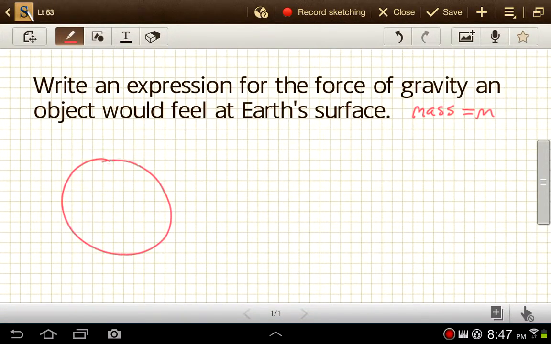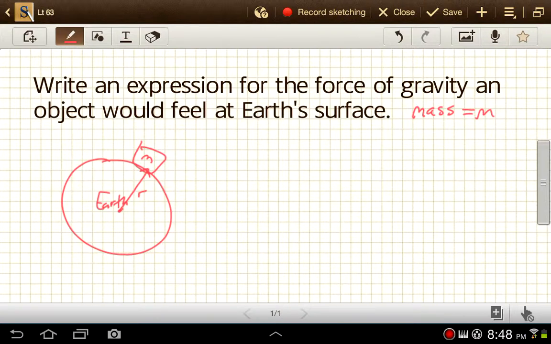We have some mass m, and then this is the Earth. And the distance from the center of the Earth to the center of that object, that's just going to be r. Really, it'd be a little bit larger than the radius of the Earth, but since the Earth is so large compared to any of the objects that might be on the surface of the Earth, we can just say that that distance is the radius of the Earth.